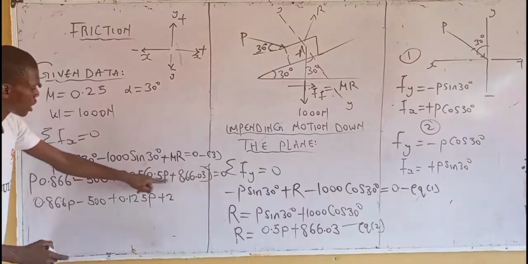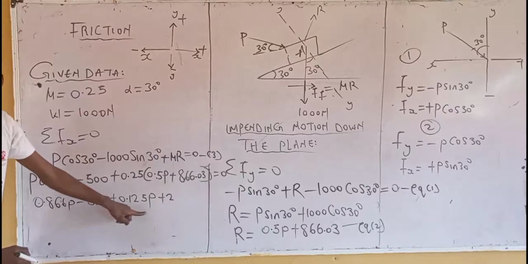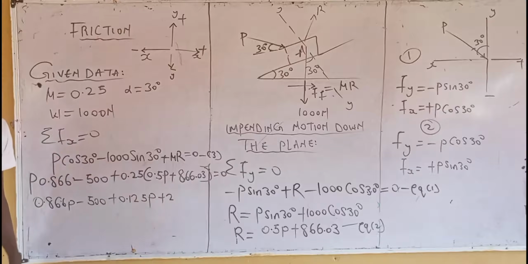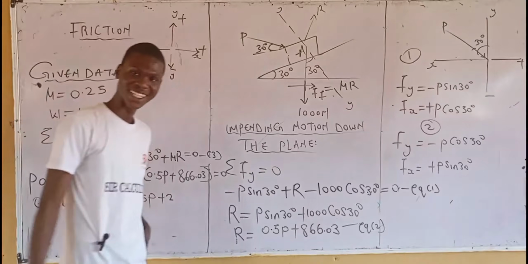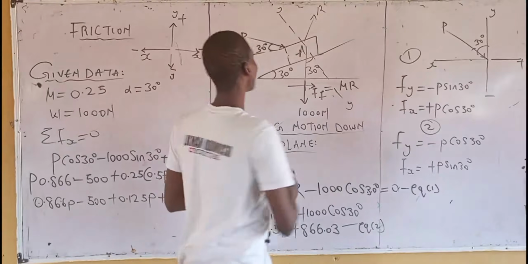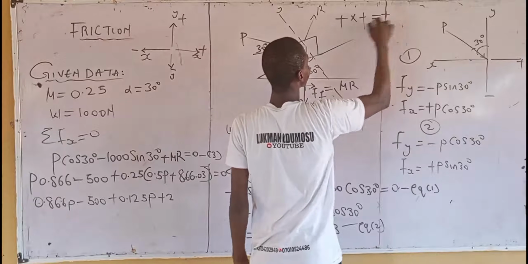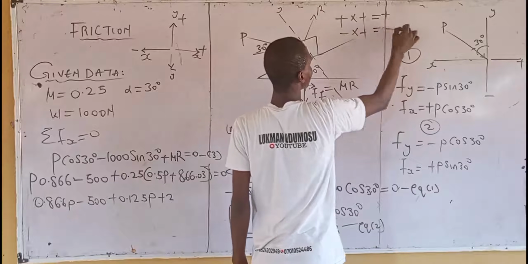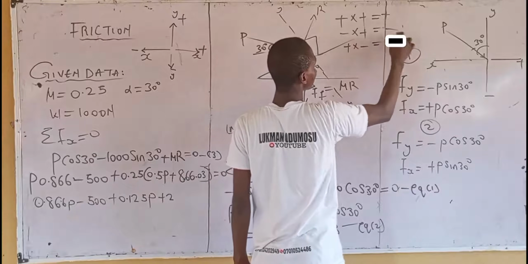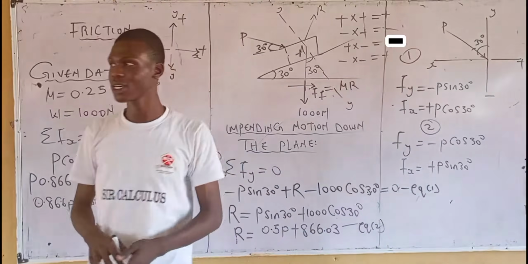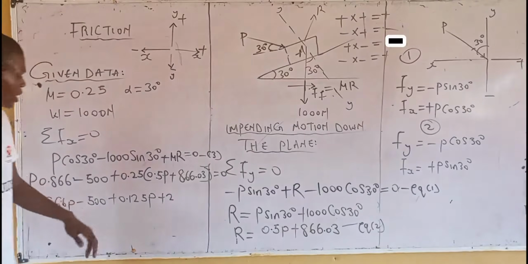Positive 0.25 times this gives us positive 0.125. Positive times positive is positive. This comes from the mathematics: positive times positive is positive, negative times positive is negative, positive times negative is negative, and negative times negative is plus. Be mindful of that, please.